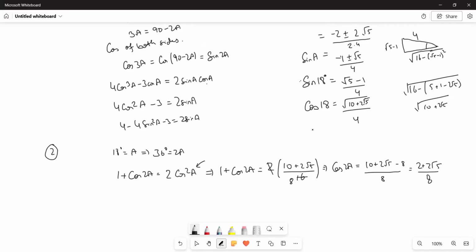So cos 36 is root 5 plus 1 by 4. Okay, that is the value of cos 36.